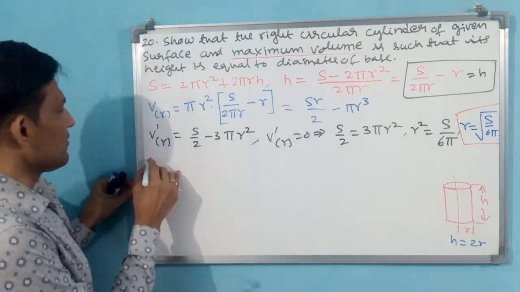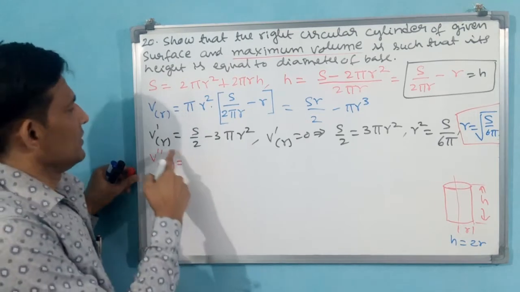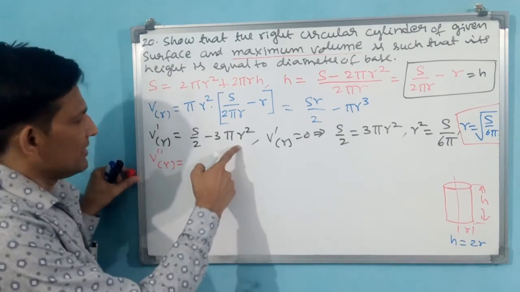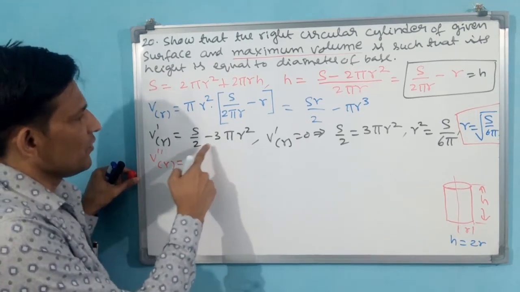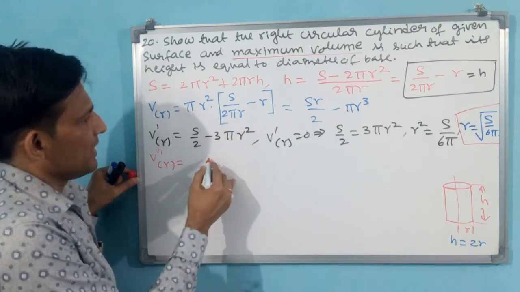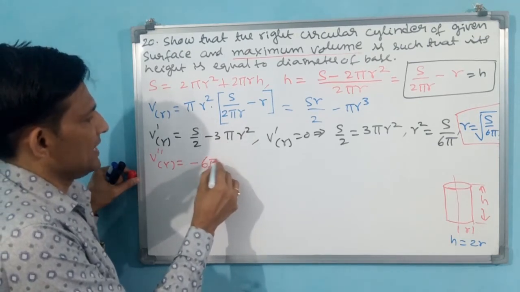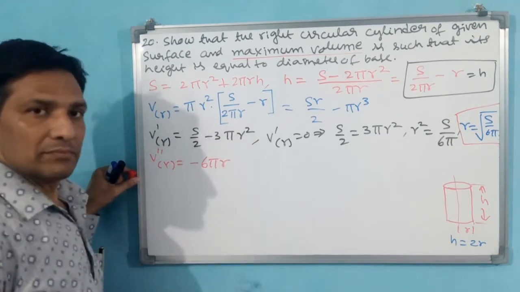Then only the volume is maximum. You have to prove V double dash r is less than 0. Write down V double dash r. See, V dash r is this much. r is not there, this is 0. Minus 6 pi r. Is it okay?